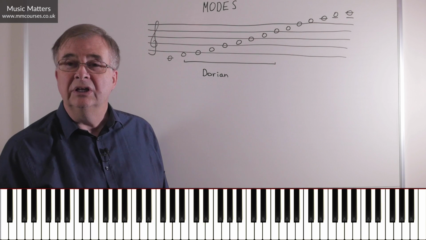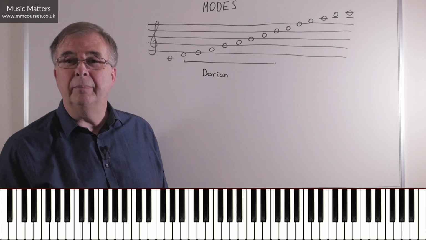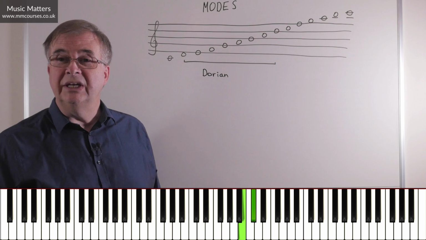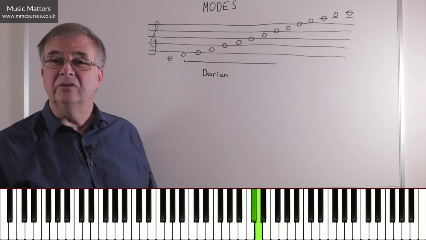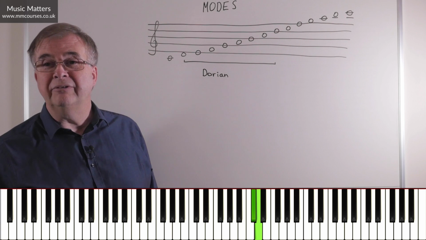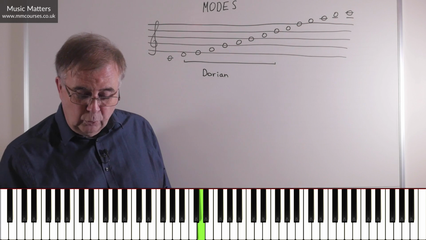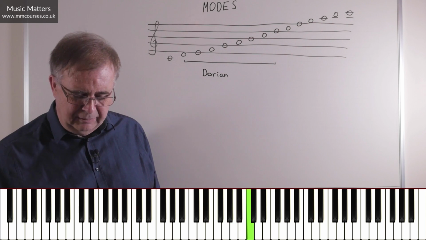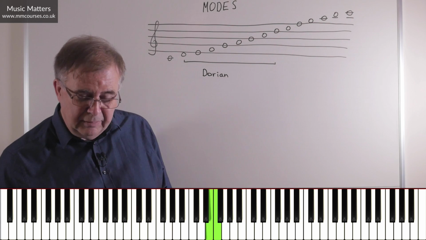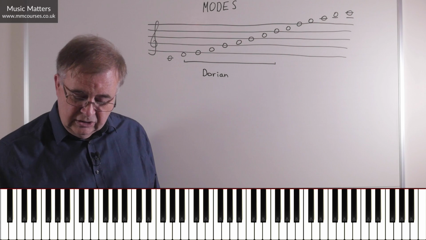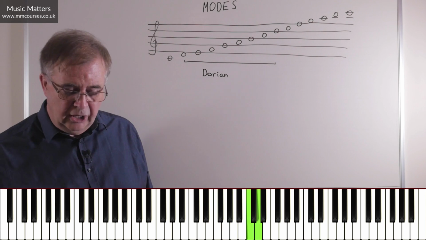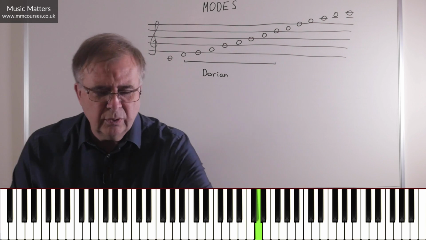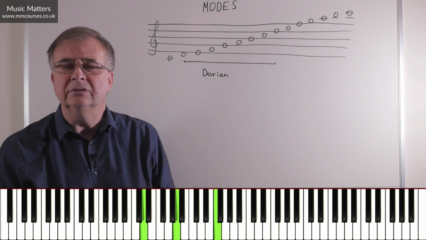We go tone, tone, so that means we need an F sharp, semitone, tone, tone, tone, so that means we need a C sharp, semitone, so we need that C sharp to make the final semitone work. But if I just go white notes, I've changed that pattern, haven't I, of tones and semitones. So I'm going tone, semitone, tone, tone, tone, semitone, tone, which is why the Dorian mode can sound a bit strange to our ears. You can even have chords.